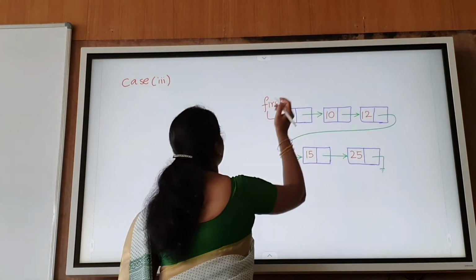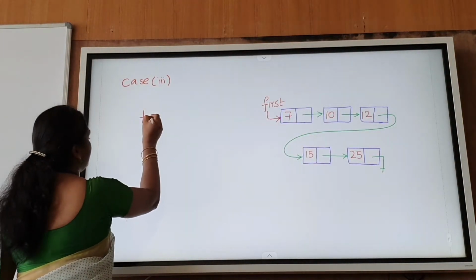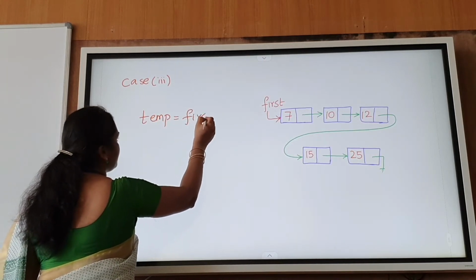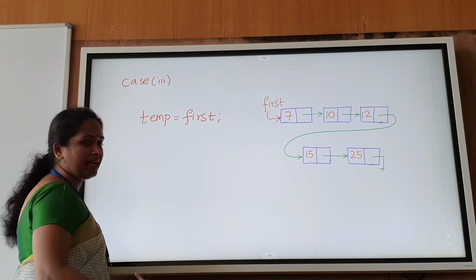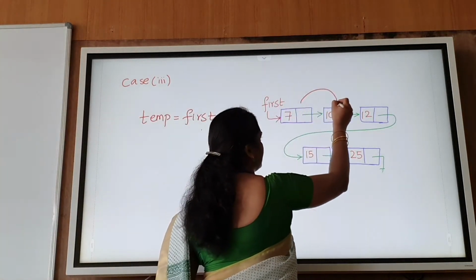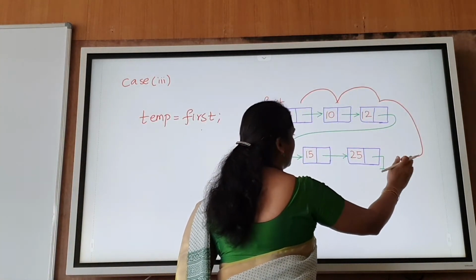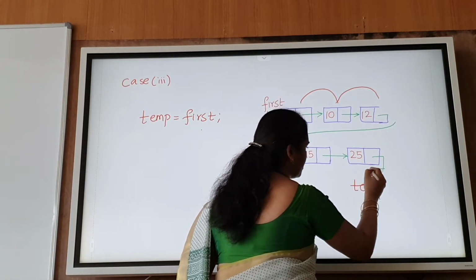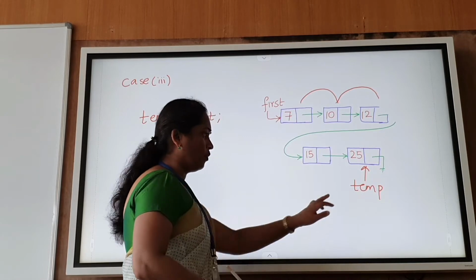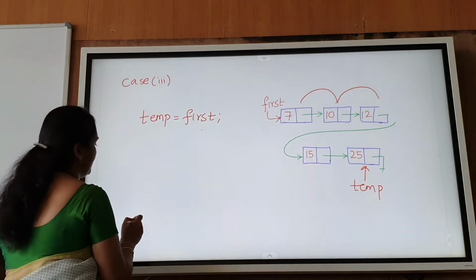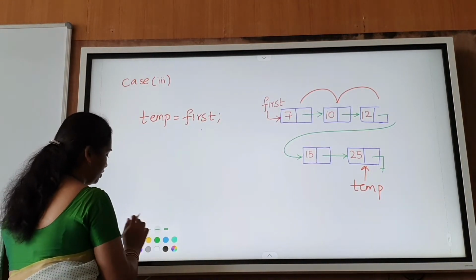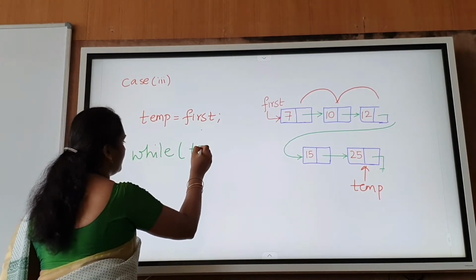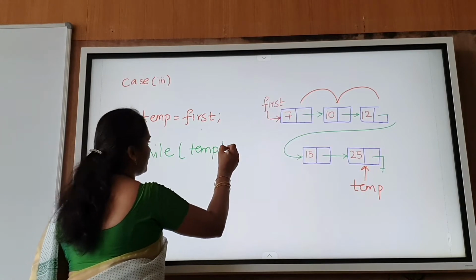So let me have temp equal to first initially, and let me have temp jump like this, and finally stop here. So what should be the while condition? Let me put the while condition to be while temp not equal to null.